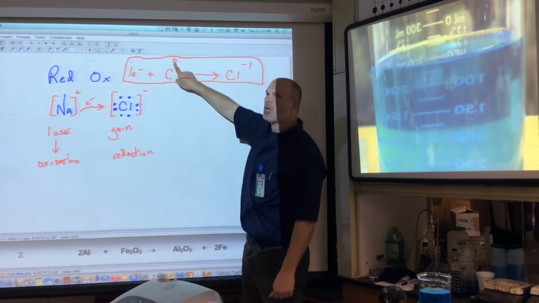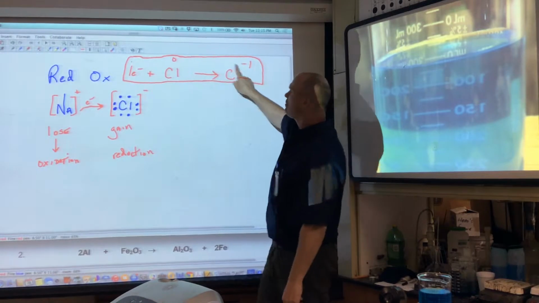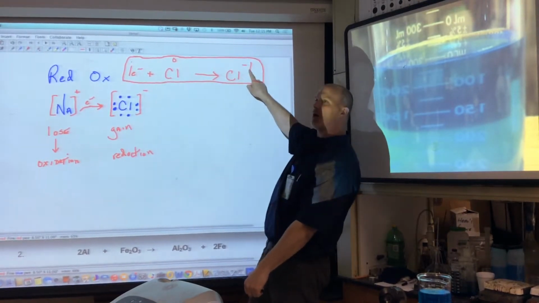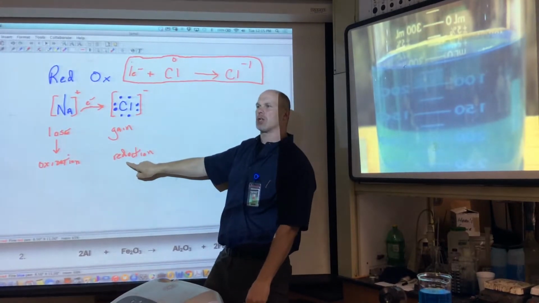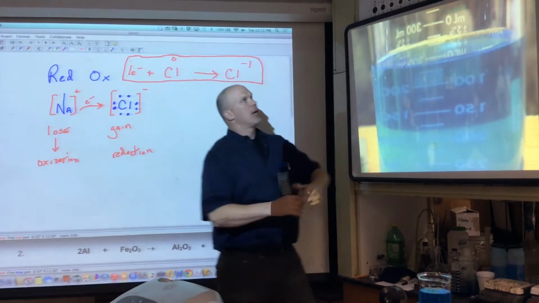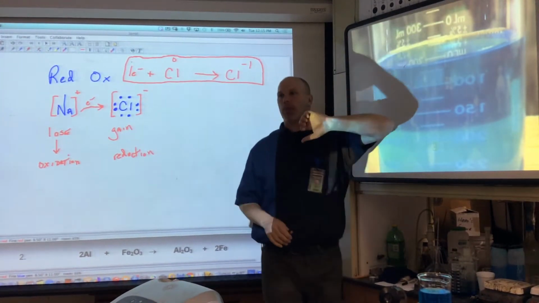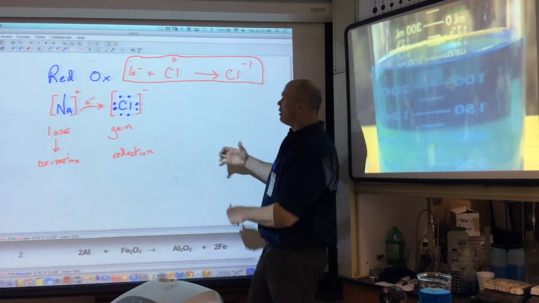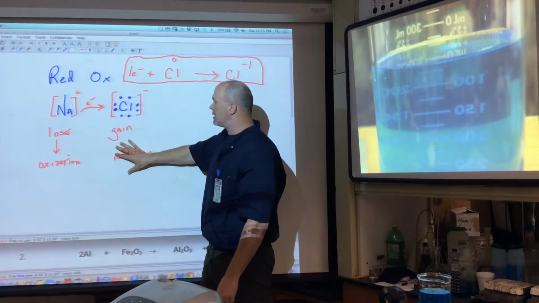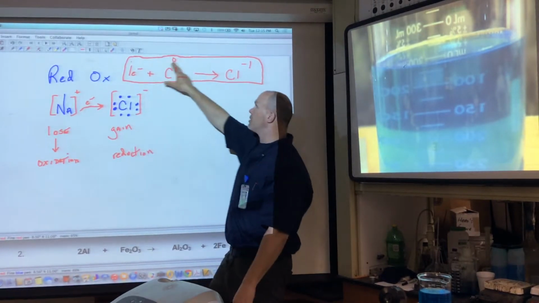We see a change in the oxidation state. Because it's going down, because it gained a negative, we call it reduction. So the nonmetals that we learned in the upper right-hand corner of the periodic table tend to gain electrons, which means they tend to get reduced. Their charges go down.